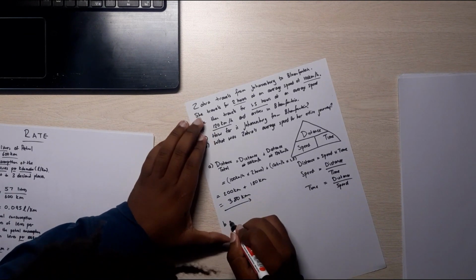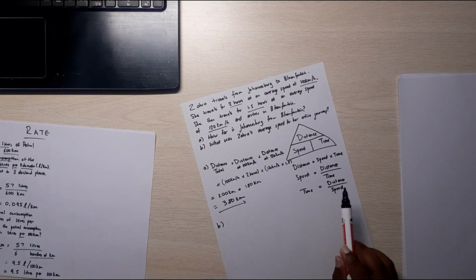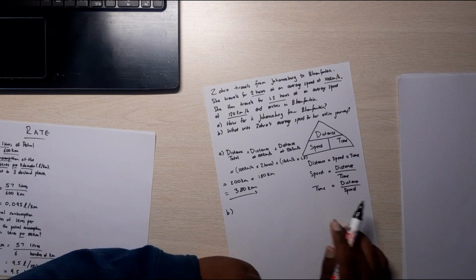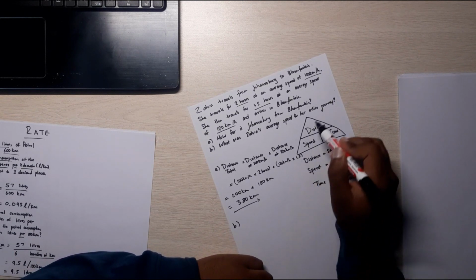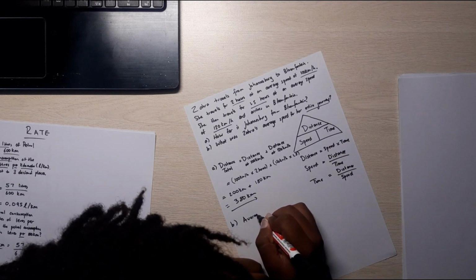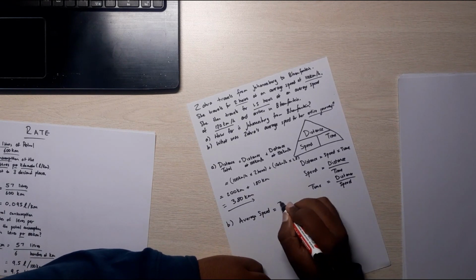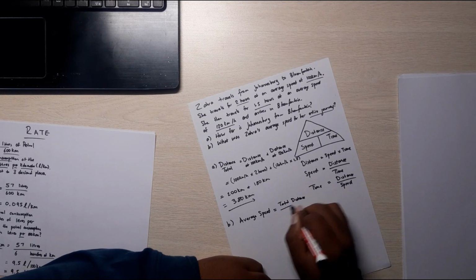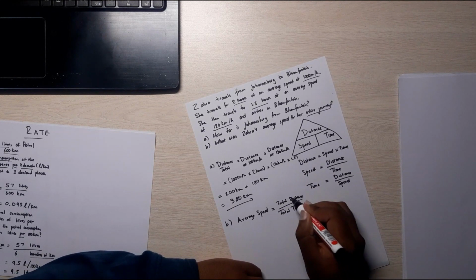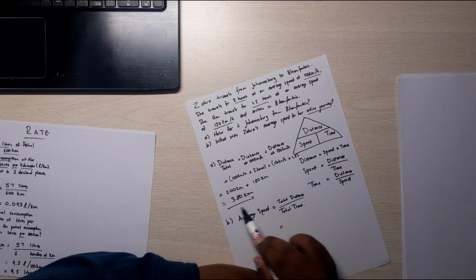Now B, since we have the total distance, right? Now for B, we want the average speed, right? Remember, speed is distance over time, for the entire journey, right? So the average speed is going to be the total distance over the total time, right? Total distance over total time. We know from here that the total distance was 380 kilometers, right?